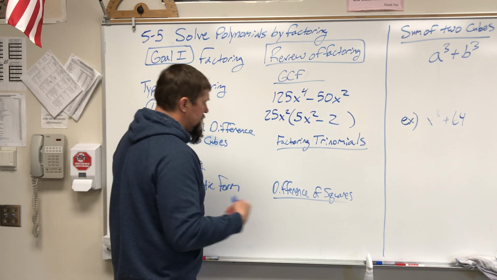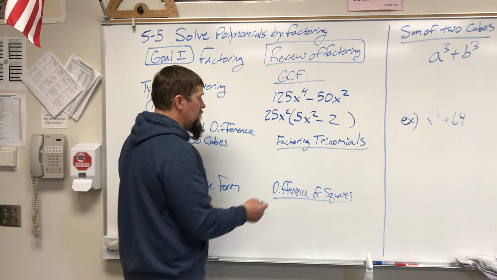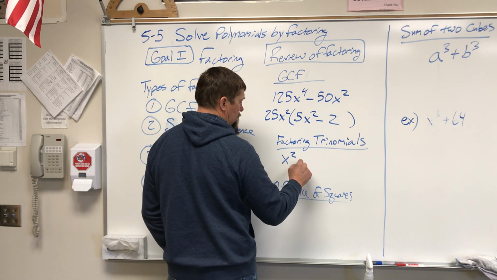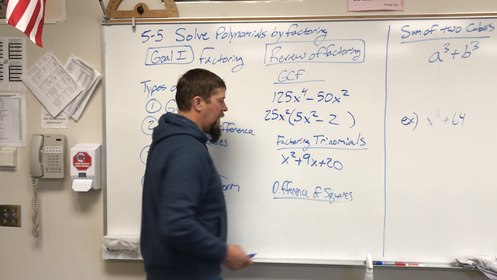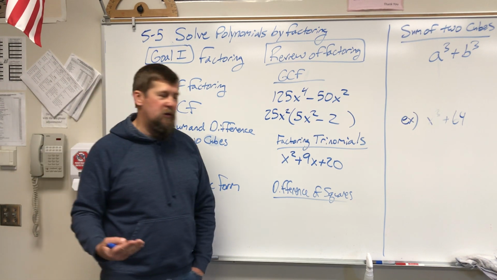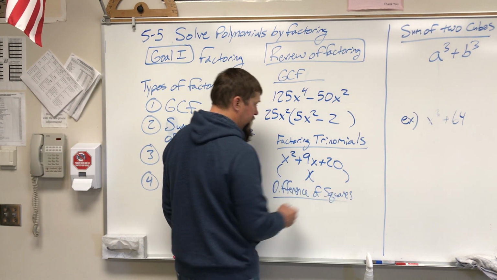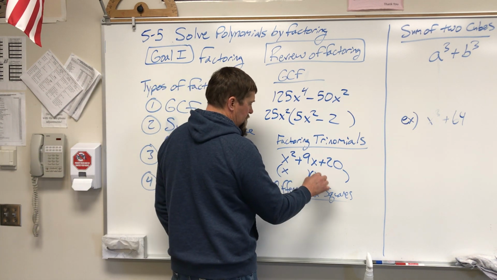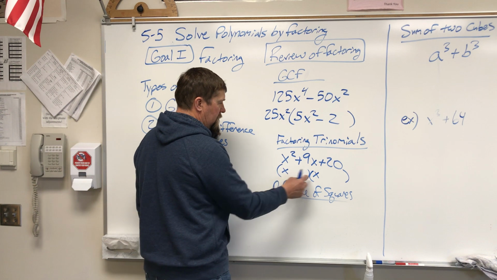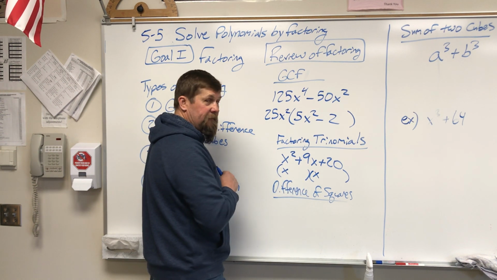Factoring trinomials. Okay, well, that's another thing that we need to remember how to do. x squared plus 9x plus 20. Okay, that's a trinomial, a 3-term polynomial. I should be able to factor this if it's factorable, of course. If I put x here and x here, they should multiply to be x squared. The first terms have to multiply to be the first term.